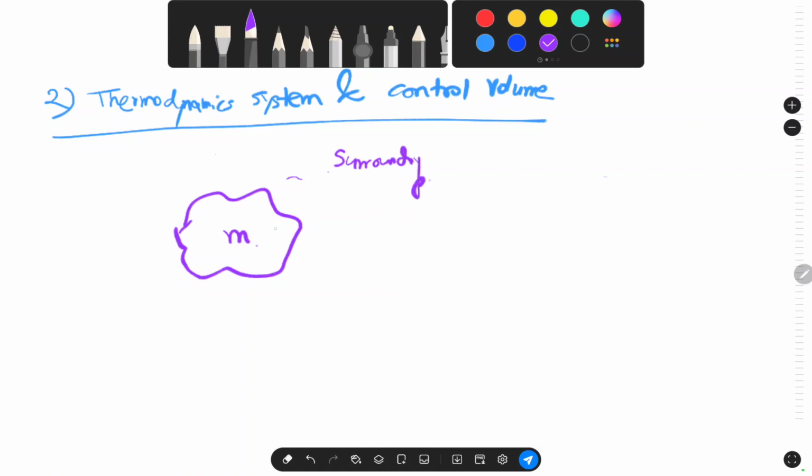There is an interaction between the system of fixed mass and the surroundings, mostly in terms of heat, and it has a control surface that may be flexible.